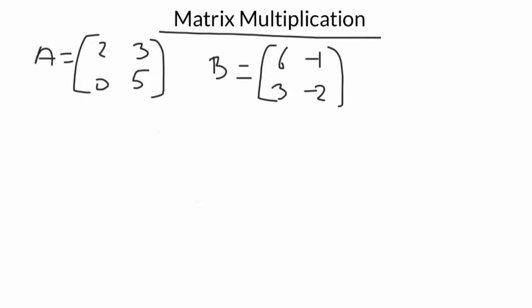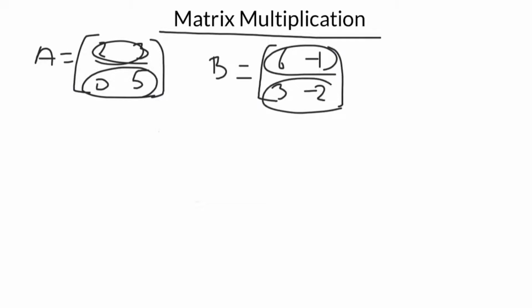You can see here both matrices are of order 2 by 2, which means both matrices have two rows, here row 1, row 2, here also row 1, row 2, and two columns, here column 1, column 2, and here also column 1 and column 2. So both matrices are of order 2 by 2.